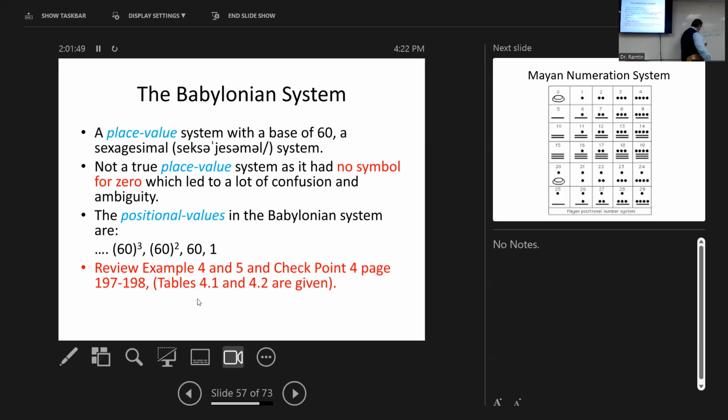Okay, so you do all of that, you get 3600 plus 600 plus 2, and you add them up, so you get 4202. Yeah. So this number in the Babylonian system is equivalent to this number in our system. Okay.